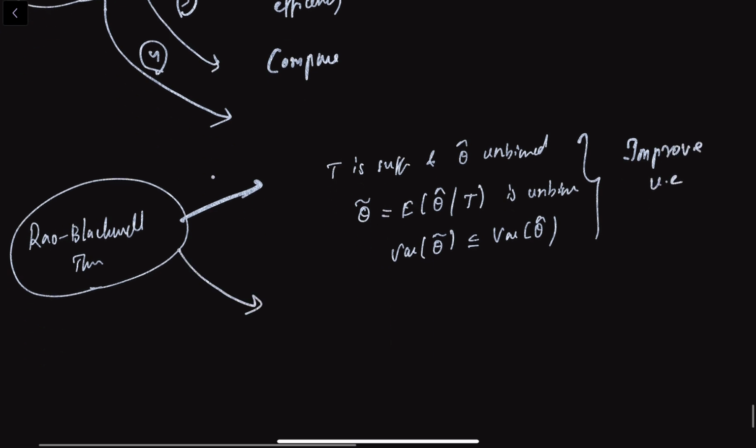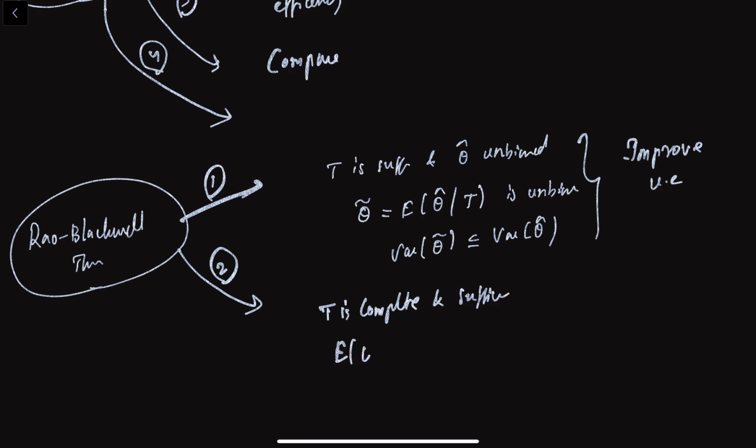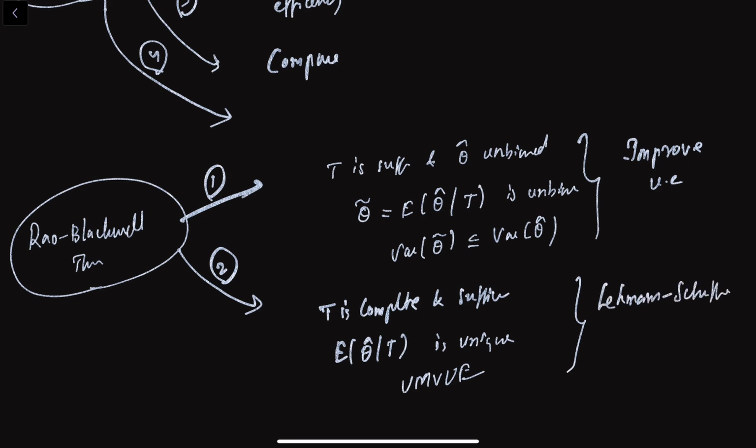The second thing we can talk about in the Rao-Blackwell theorem is that if we combine it with completeness, it gives us a UMVUE. For example, if T is complete and sufficient, then the expectation of theta hat given T is the unique UMVUE. So combining with completeness gives us the UMVUE, which is the Lehmann-Scheffé theorem as well.